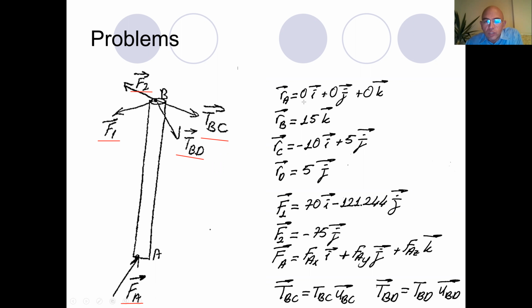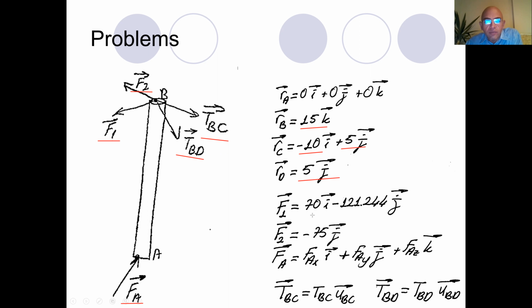Now let's write the position vectors. The origin of the coordinate is A, so RA has components in X, Y, and Z directions of 0. RB: point B is located 15 meters above the XY plane, so it is 15 K vector. RC is minus 10 I plus 5 J vector. RD is 5 J vector.